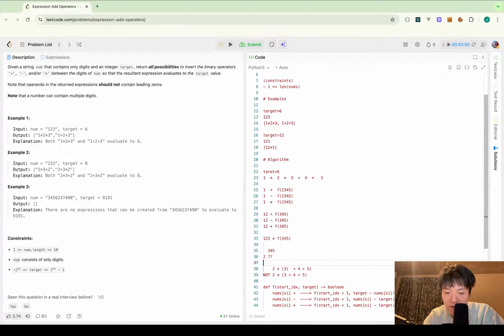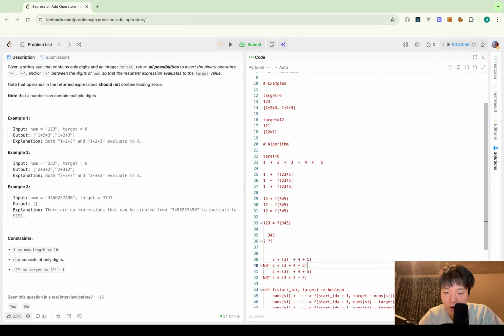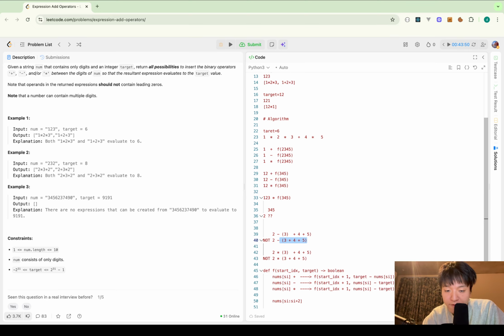So there's a difference from the plus and minus case. And this is also true for minus, because I don't use all the latter numbers like this. If I put minus, it works in this way, not this way. So my line 47 is wrong.